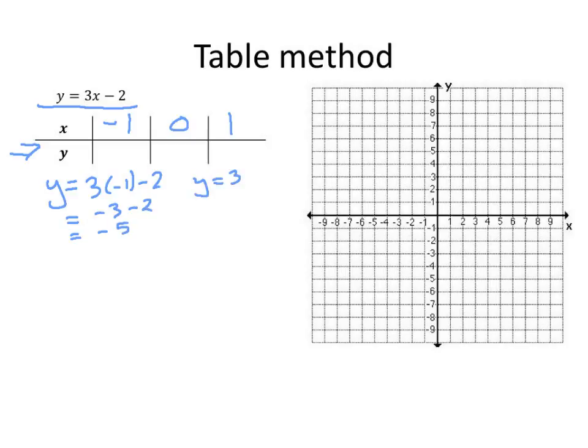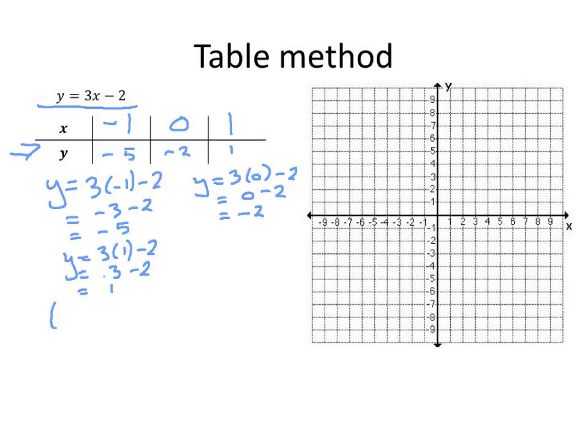Y is equal to 3 times 0 minus 2. 3 times 0 is 0, minus 2, and that's -2. And the last one, y is equal to 3 times 1 minus 2. 3 times 1 is 3, minus 2. 3 minus 2 is 1. So we've got our y values, -5, -2, and 1.